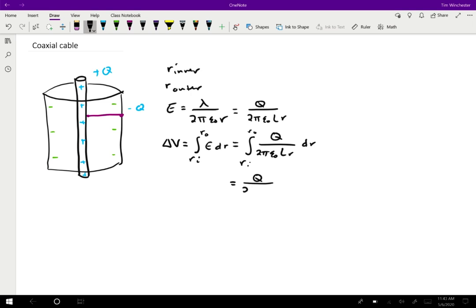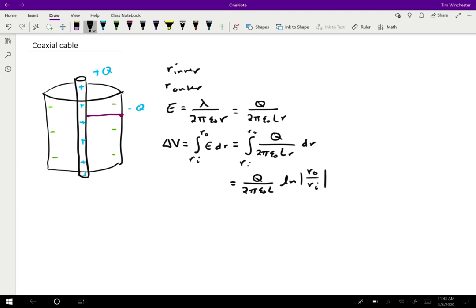Q over 2 pi epsilon naught L, and then natural log of R outer divided by R inner. Okay, and then because we just wanted the magnitude, we should check if this is positive or negative, and then make it positive if it's negative. So R outer is bigger than R inner, and so I'm taking the natural log of a number bigger than 1, which means that this is going to come out as a positive number, which I wanted.